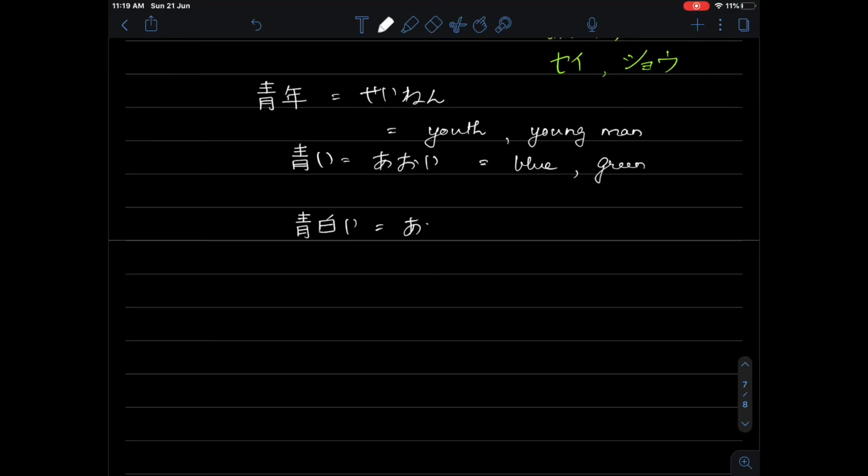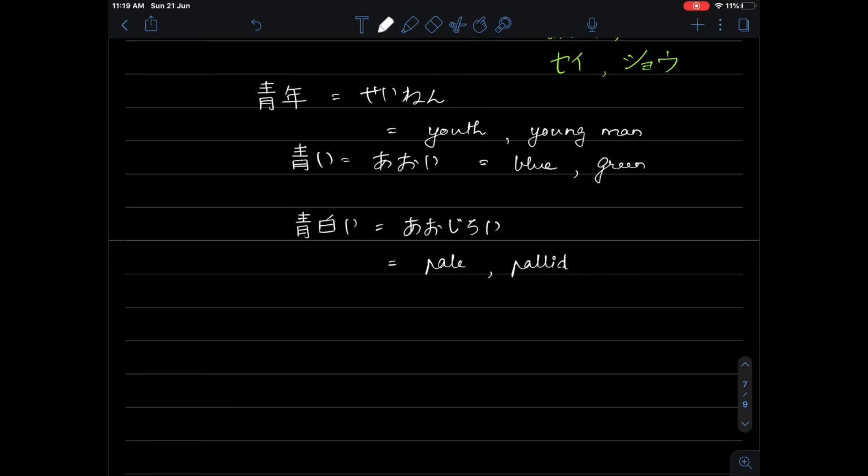This will be read as Aojiroi. Aojiroi, which means pale or pallid. Pale or pallid. Think of a blue or green which is so pale as to be white.